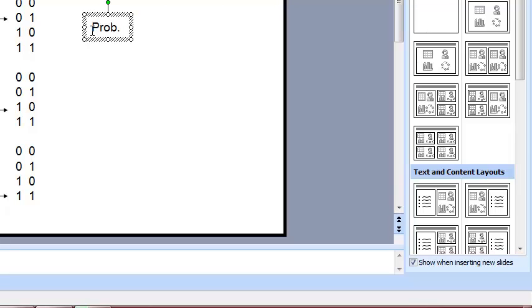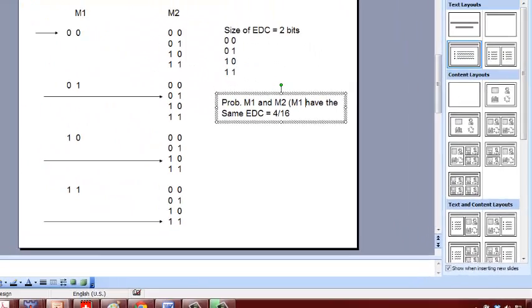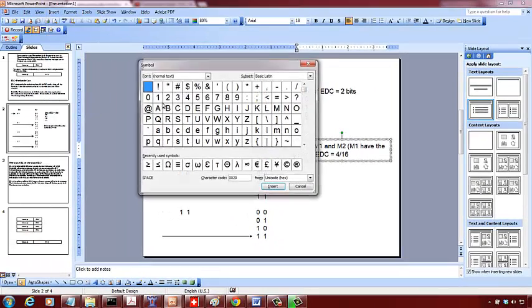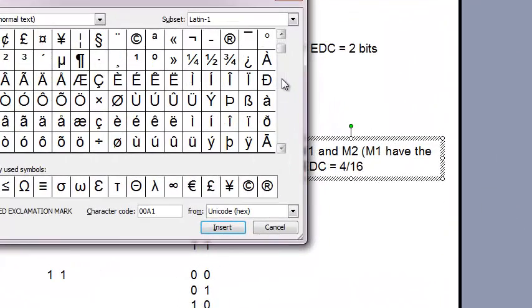So the probability that M1 and M2 have the same error detection code is going to be what? 4 out of 16. Now again, M1 and M2 should not be the same, because if M1 and M2 are the same, then there's no need to do this analysis. So we need to have this assumption that M1 is not equal to M2.